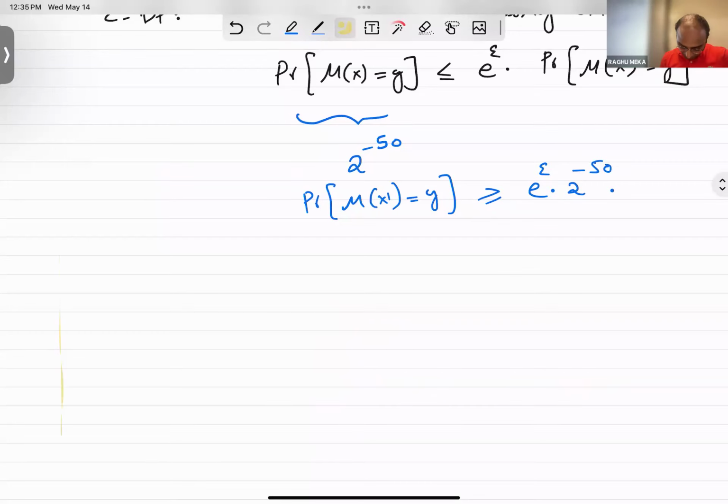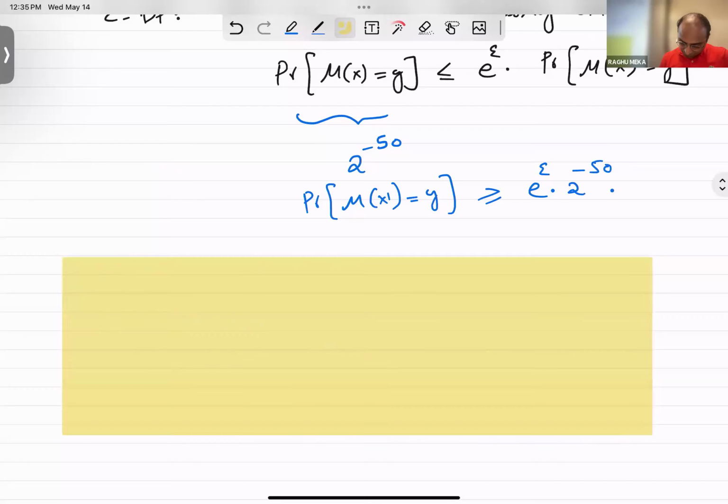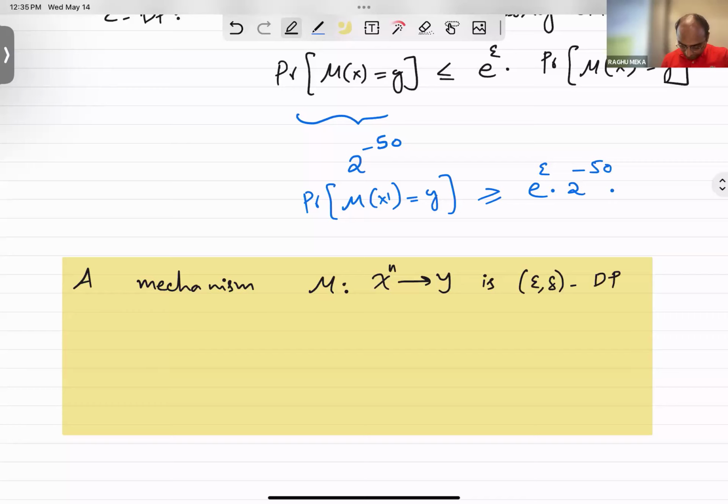Concretely, we say a mechanism is epsilon-delta differentially private. You have two parameters now.